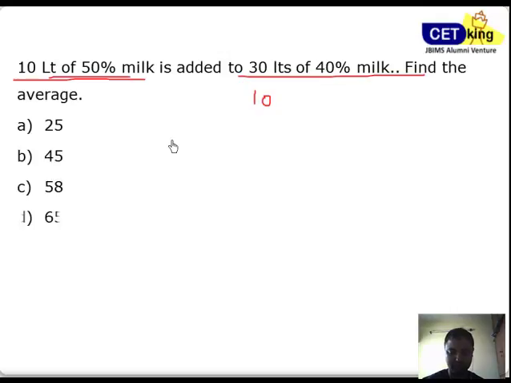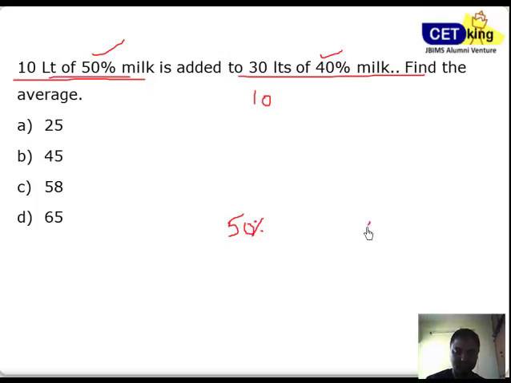Find the average percentage of milk in the remaining jar. So 50% milk is one place, 40% milk is another. If I don't want you to solve, first of all, obviously you can find the weighted average. So if I give you the options 25%, 45%, 55%, 65%, and I don't want you to solve, can you tell me what the average will be?